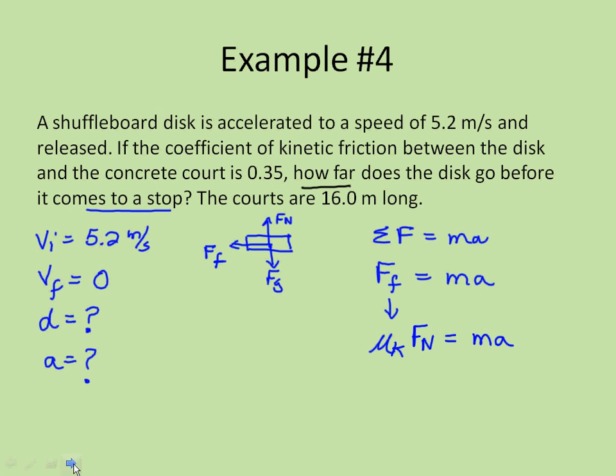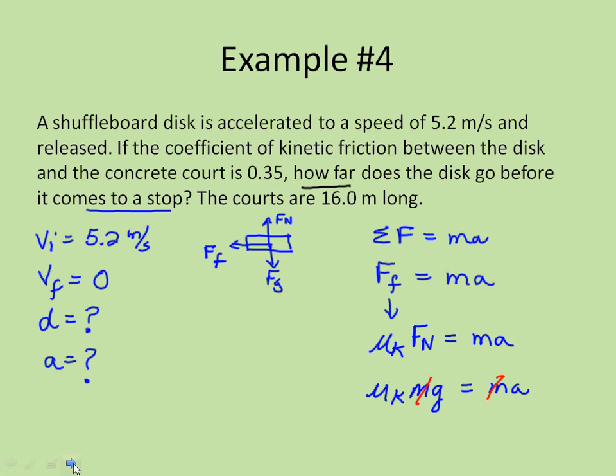Now, we don't have a mass of the disk, but watch what happens. Your coefficient of friction times mg, because normal force is equal to mg, equals mass times acceleration. Look what happens to your mass. It goes away.